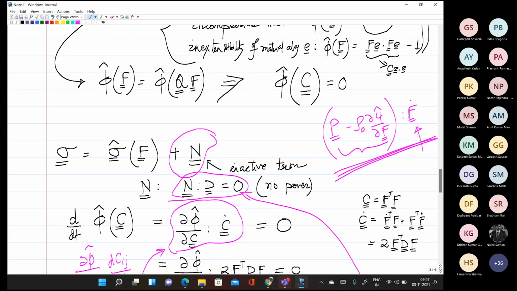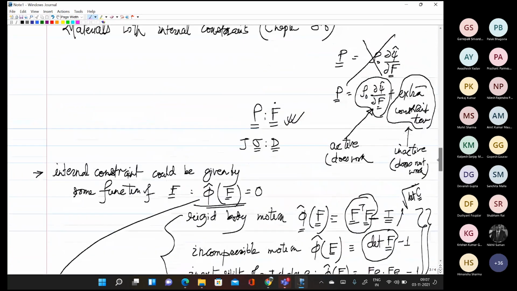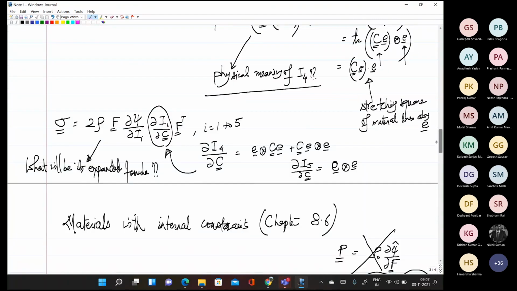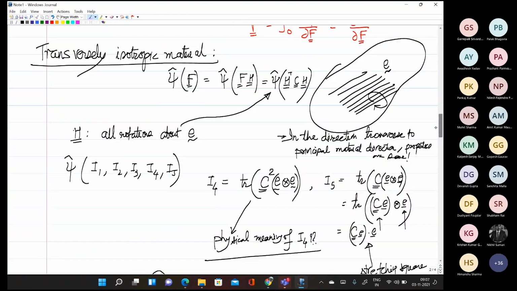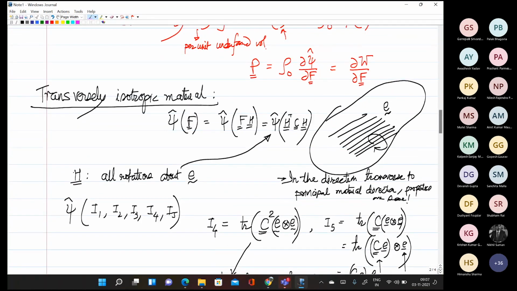And sir, for transverse isotropy, when we have written this expression, psi hat of f equals psi hat of fh, and then we have written psi hat of h transpose ch. How are we writing the third term when we started the transverse isotropy? Yeah, here. See, from objectivity, psi hat is dependent on C, right?